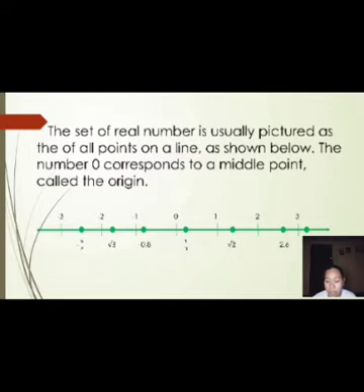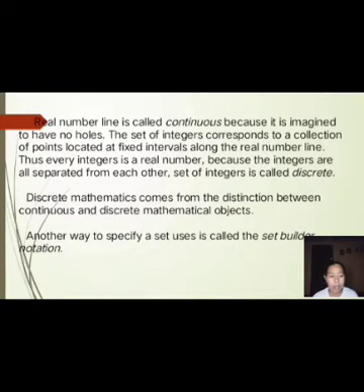The real number line is called continuous because it is imagined to have no holes. As you can see in the real number line in the previous slide, both ends have an arrow on it. That is why it's called a continuous line.